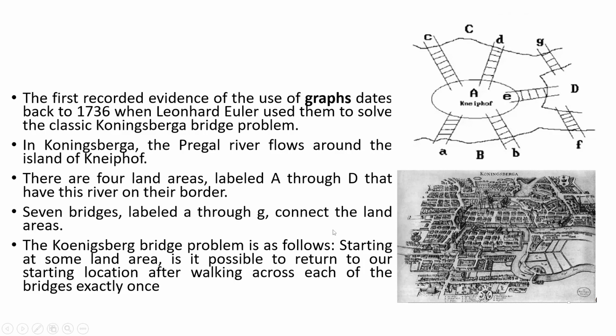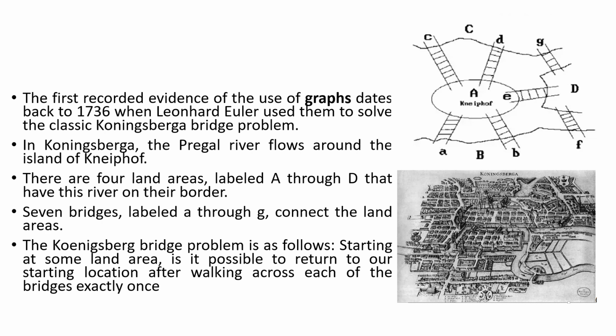The problem is that, starting from a particular place, the person has to reach all the places and has to come back to the same place. Many mathematicians tried this, but unfortunately, no one got the result.